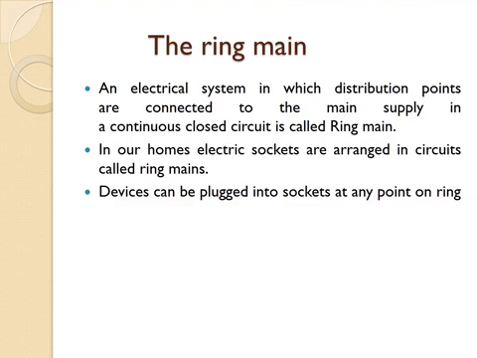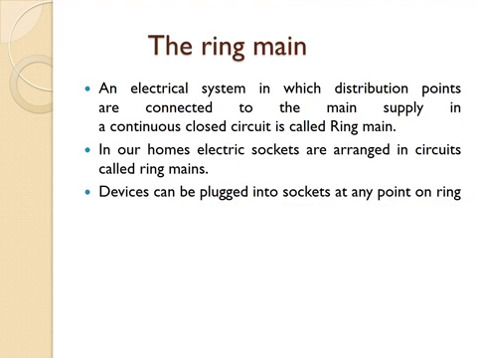So what is a ring main? A ring main is basically an electrical system in which distribution points are connected to the main supply. So when we have distribution points in the main supply, we call it the ring main. Just like we have sockets in our home into which we can plug in anything.